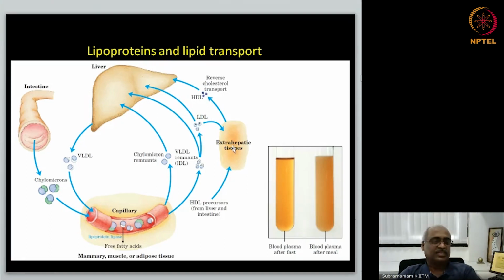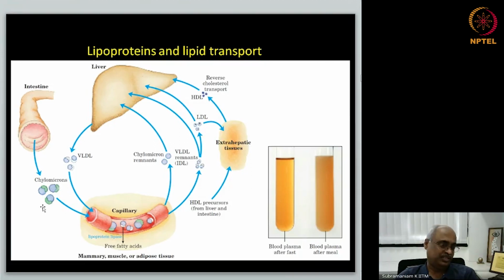Some of this we are already familiar with. For example, the triacylglycerols coming through the diet, we learned, get emulsified in the intestine, and then hydrolyzed into free fatty acids and glycerol, taken into the intestinal mucosa. There they are converted again into triacylglycerol and associated with lipoproteins, forming chylomicrons.